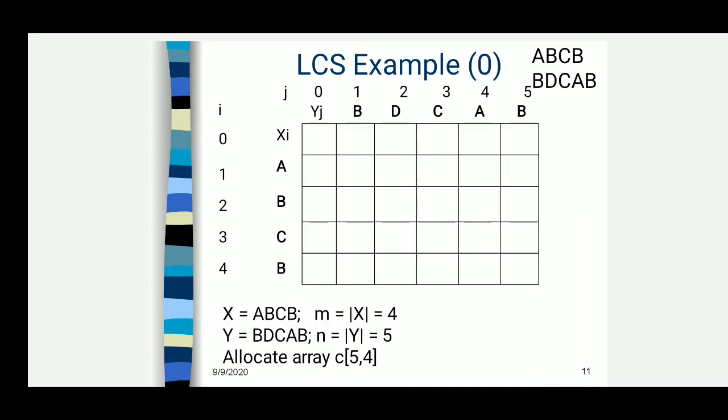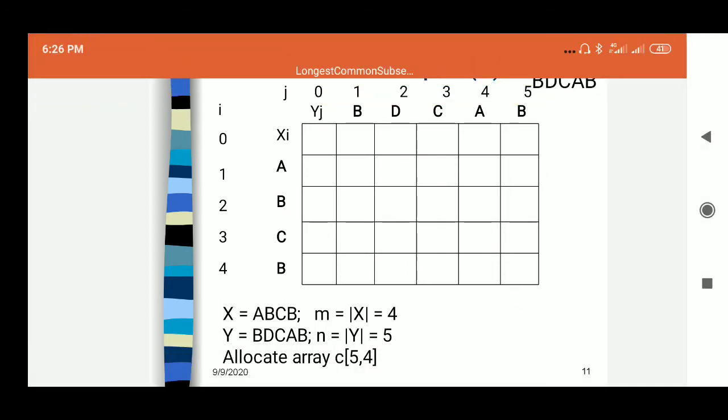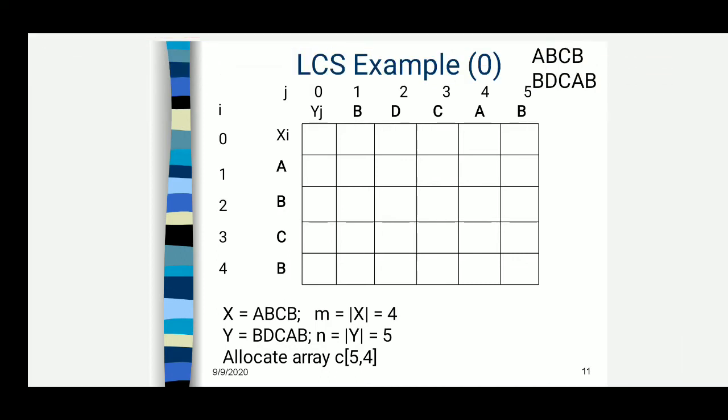Why plus 1? Because we consider the problem when the sequence x is available and y has no character in its sequence.